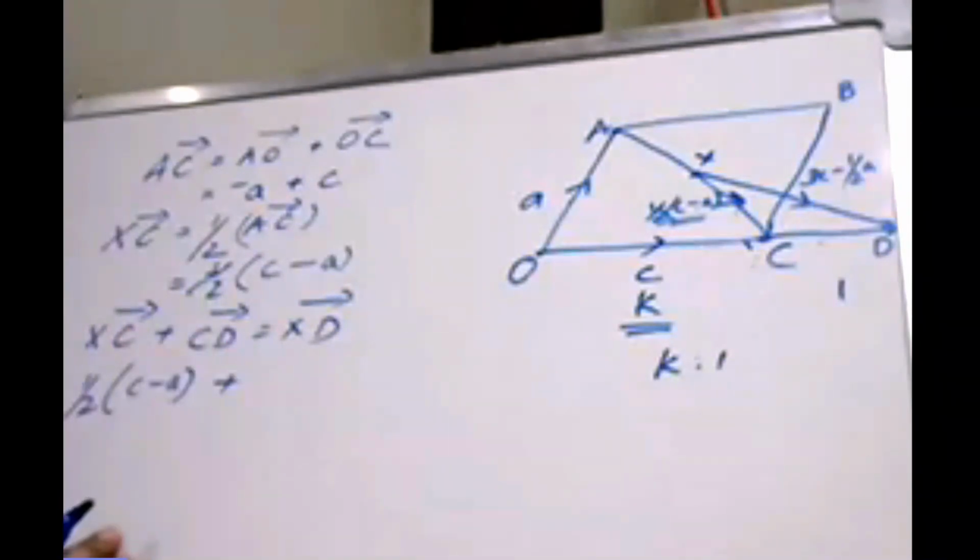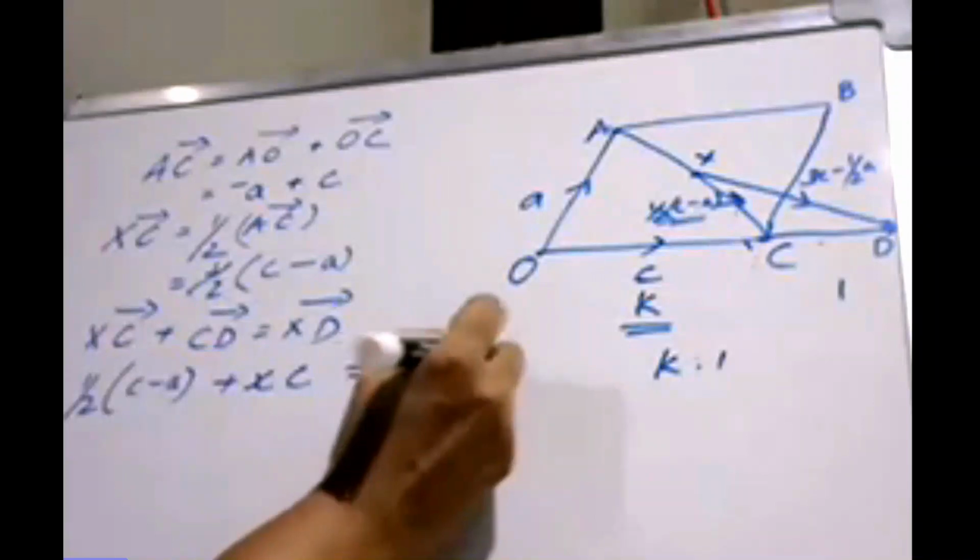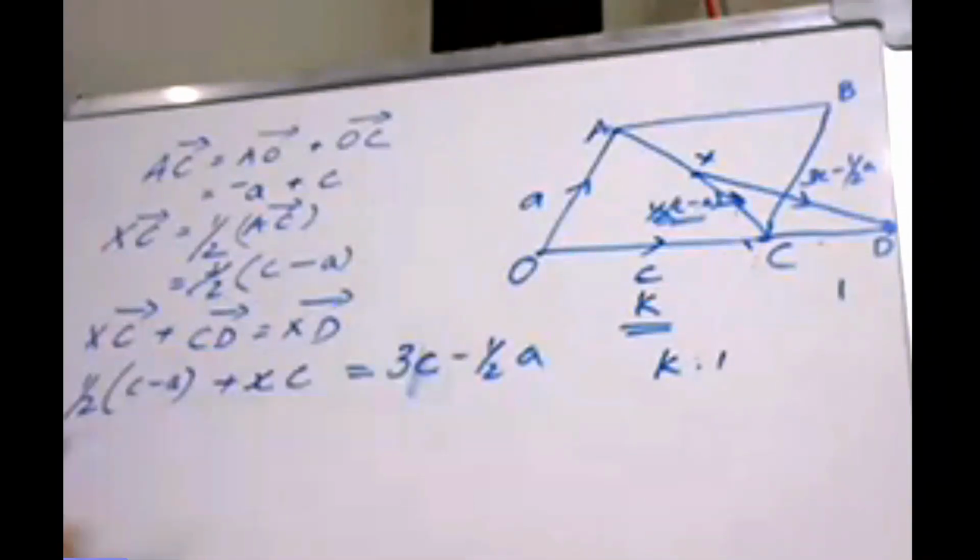Plus CD. For CD we have only the ratio K is to 1. So if this is C, some multiple of this I can take, so I can write CD as x times C. XD is given to be 3C minus half A. Now I solve for this.